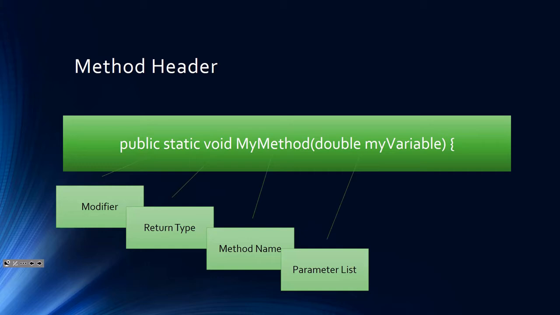In our parameter list, if you notice, we specify the data type and a variable name, just like we were declaring a variable, because this basically declares that variable for within my method. In C#, we make method names start with the uppercase letter.